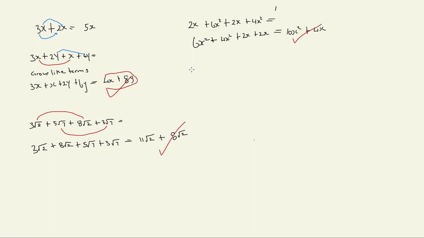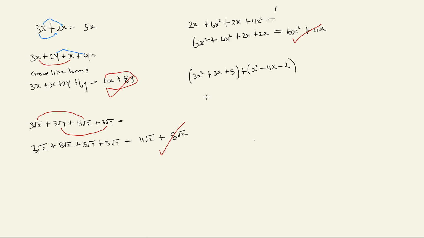Let's say open bracket 3x squared plus 3x plus 5 close bracket plus open bracket x squared minus 4x minus 2 close bracket.